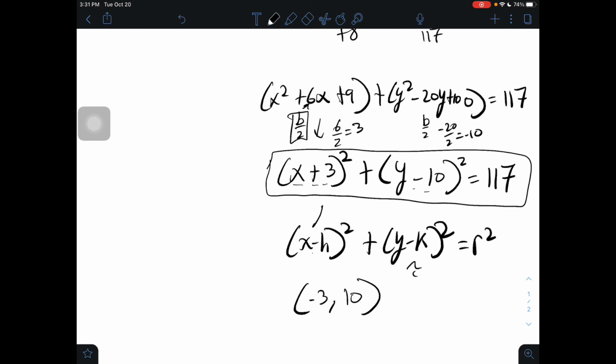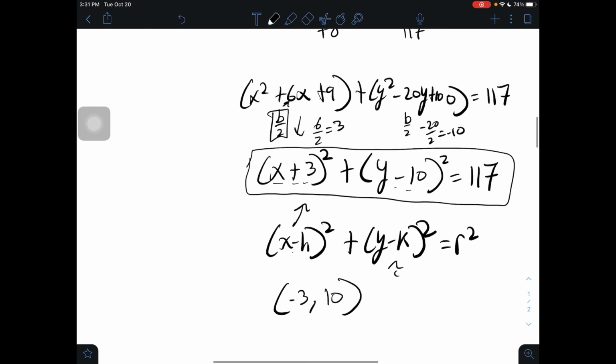So you can just take the negative of the number we have just gotten when solving for our standard form. Same thing goes from here. So here it shows us a negative 10, but negative of a negative 10 is positive 10. We just take the negative version of the number shown. And that's going to be our center.